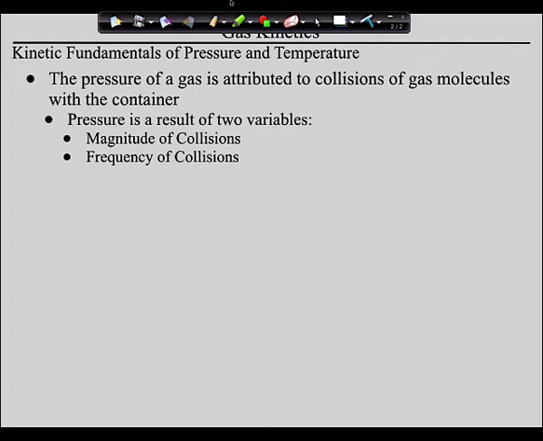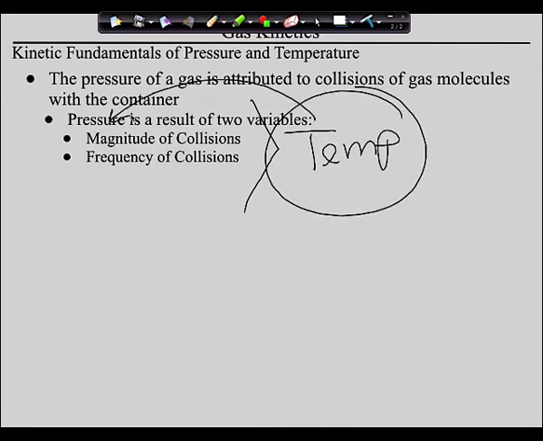So guys, now let's pull this all together, because what is the frequency and the magnitude of the collisions dependent upon? How do we change the frequency or the magnitude of the collisions? Change the temperature. So now this all comes full circle, because pressure depends on the frequency and the magnitude of the collisions, and we change that by changing temperature.